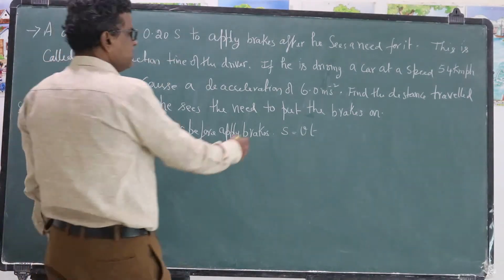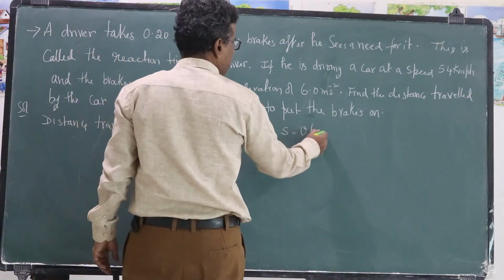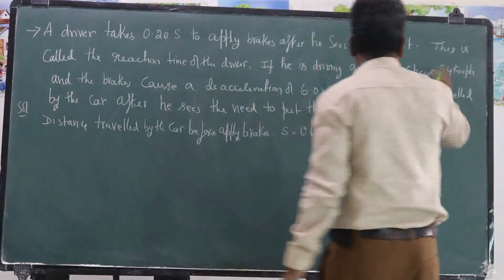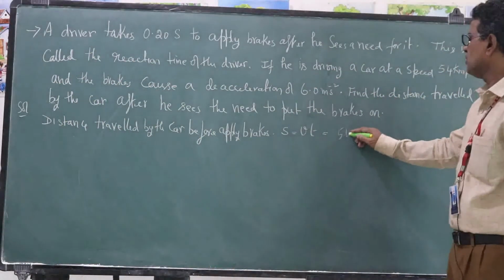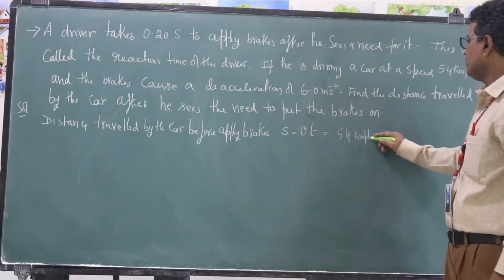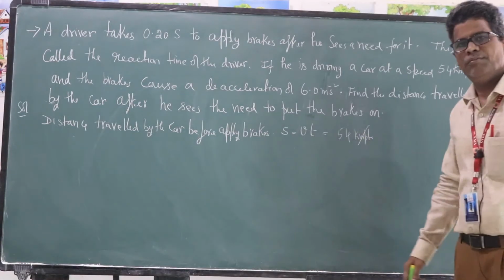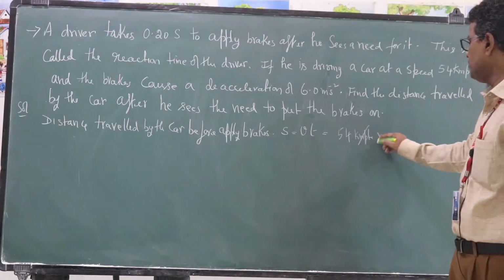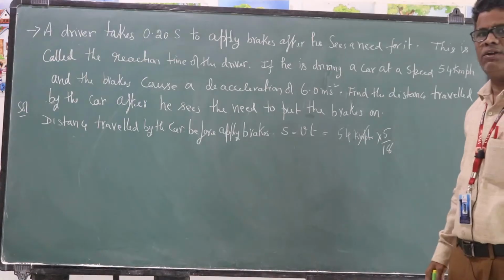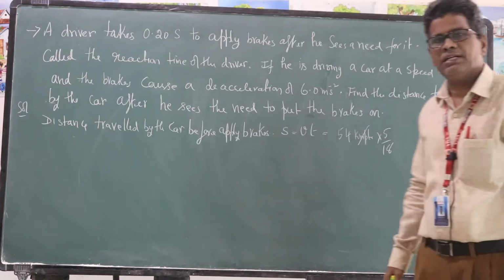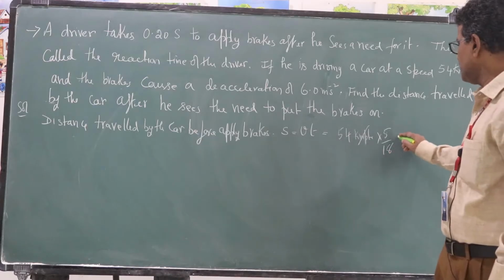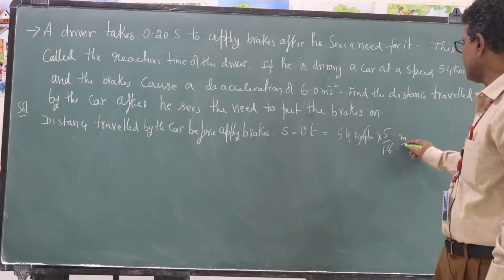The velocity is 54 kmph. To convert kilometers per hour into meters per second, you multiply with 5 by 18.